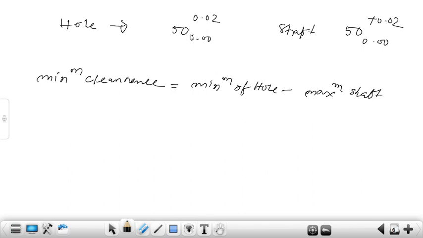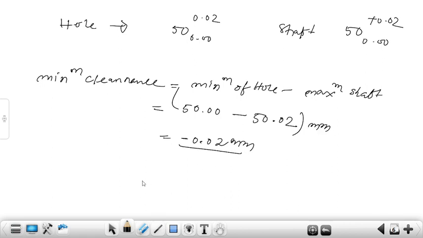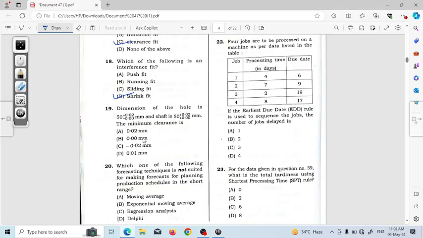So minimum of hole is 50.00 minus maximum of shaft is 50.02. So calculating this, we get minus 0.02 mm. The unit is mm. So the answer will be C, minus 0.02 mm.